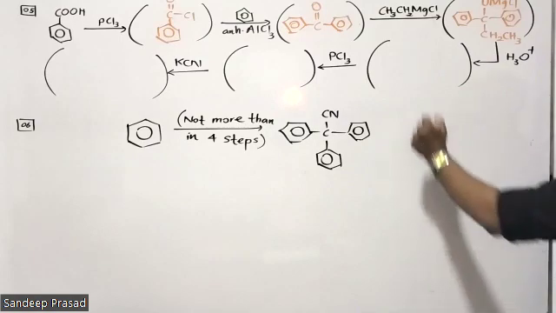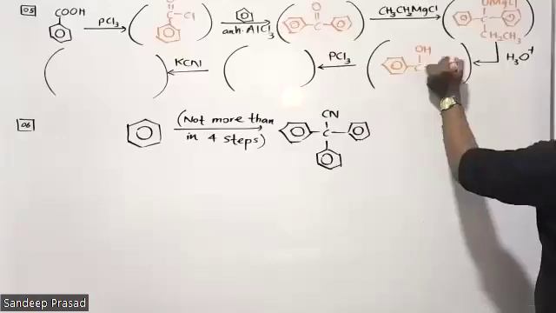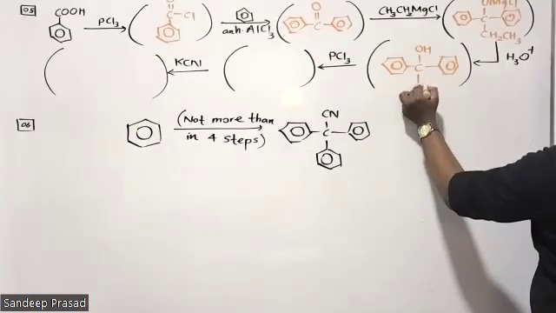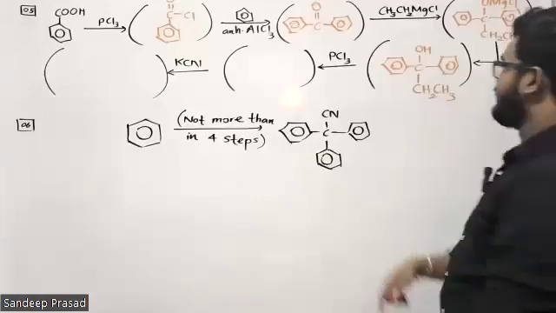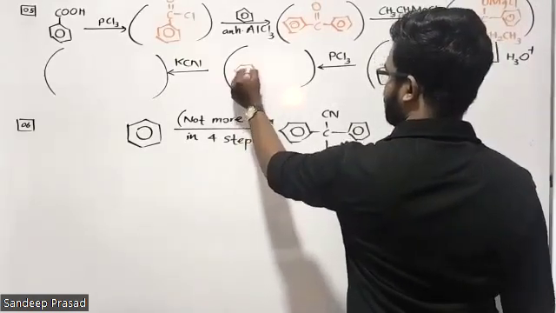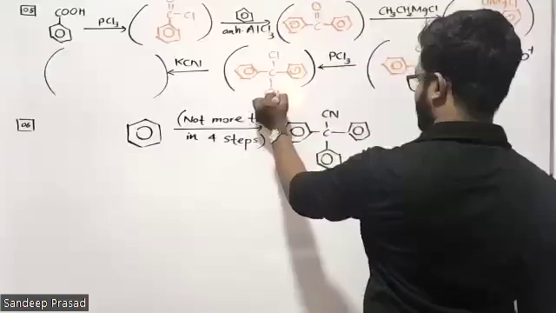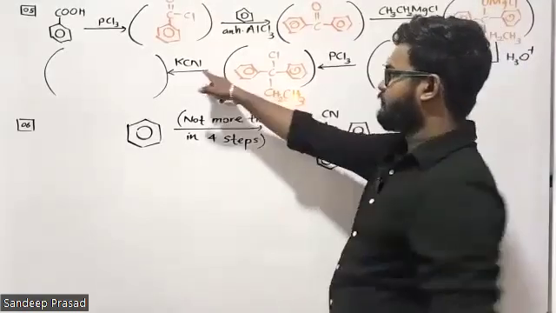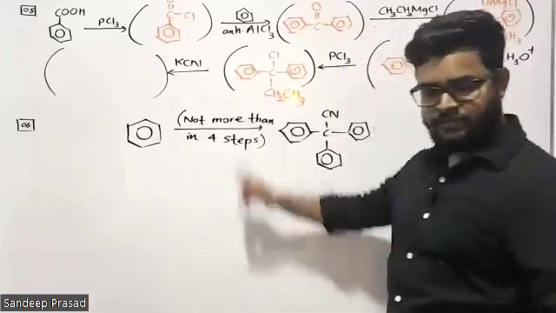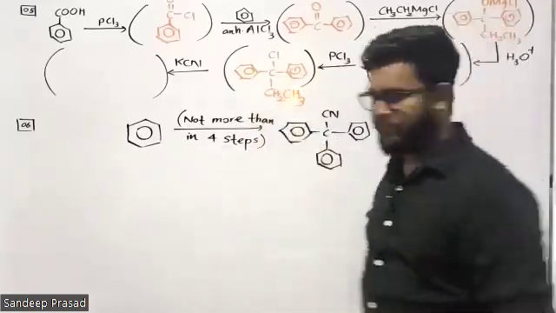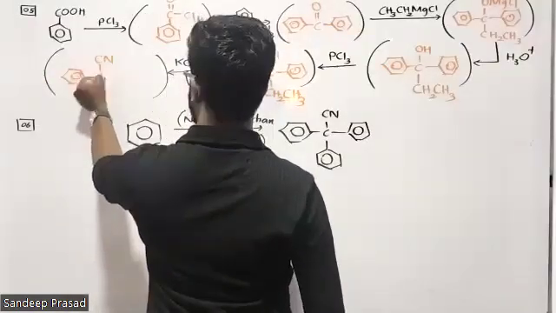Then H3O plus is added. CH2, CH3. PCl3 is added. Cl, benzene ring, and CH2, CH3. Can you remember? Potassium cyanide, alkyl halide with potassium cyanide. So what will happen? Cyanide will come instead of chlorine. Okay? So therefore we can say that cyanide.